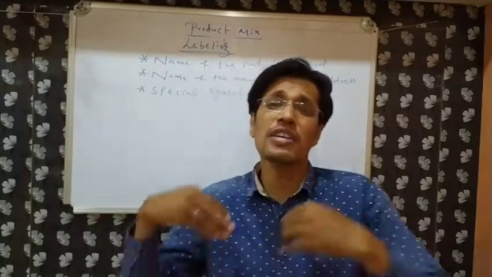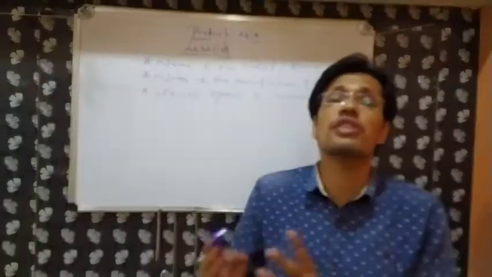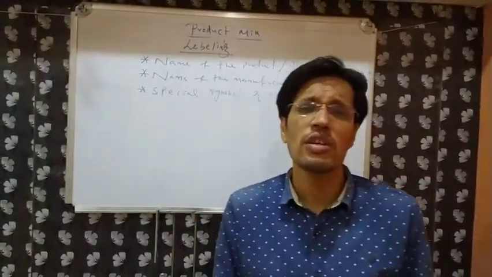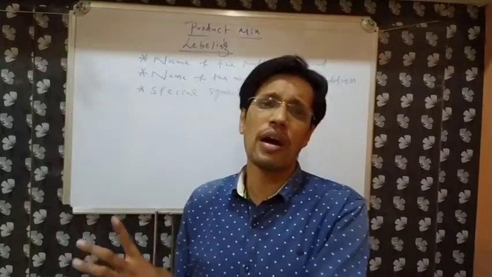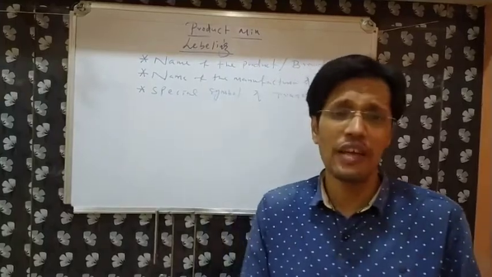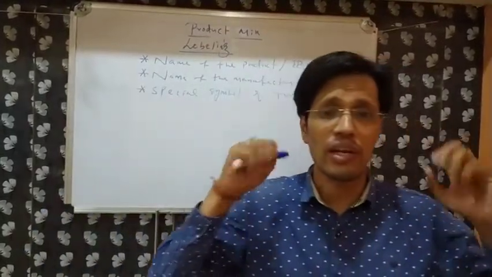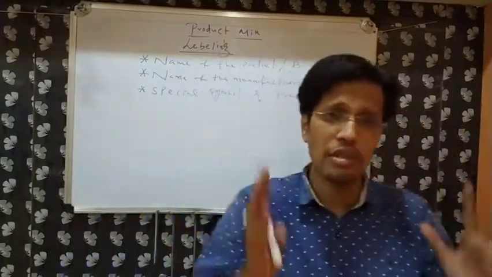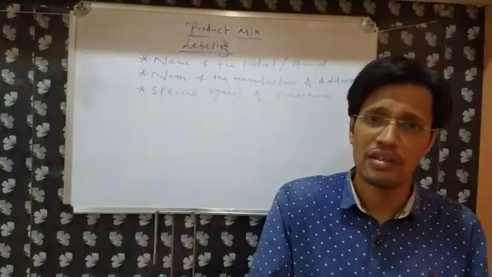Reputed companies are giving certain marks. The ISI mark is given by the Government of India. If the ISI mark is there, that means, while driving we use a helmet which has an ISI mark, isn't it?